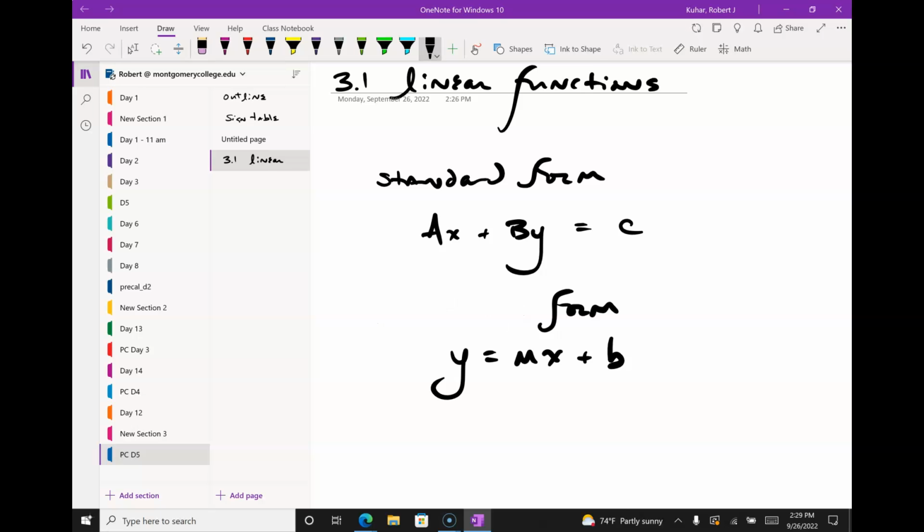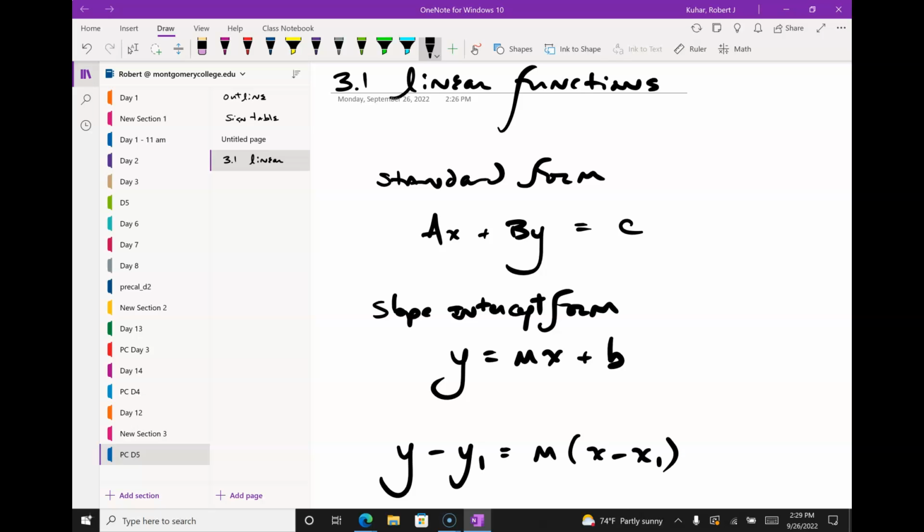M is the slope, right? And b is the y-intercept. Slope-intercept form. And our last one, y minus y1 equals m times quantity x minus x1. This is our point slope form.